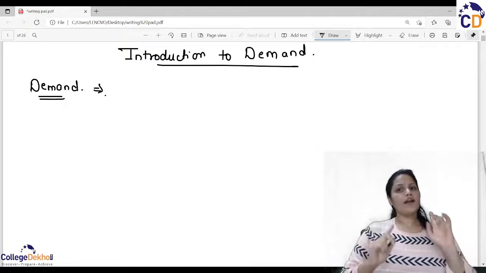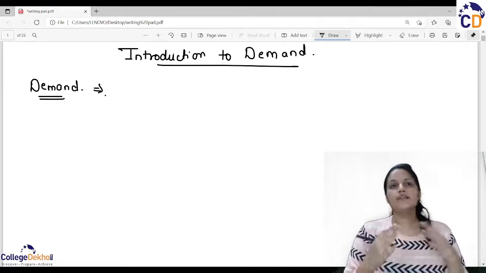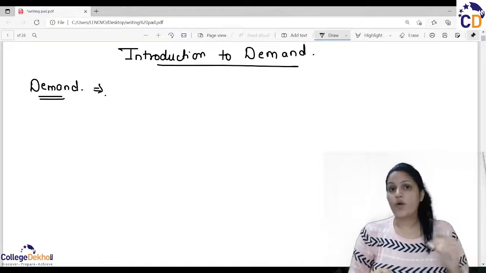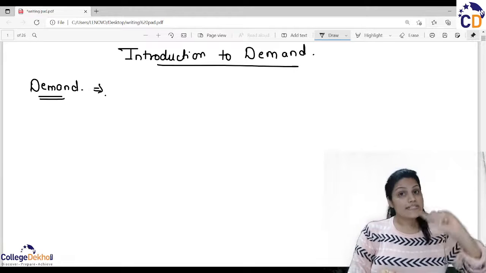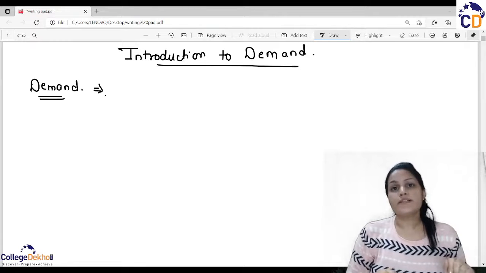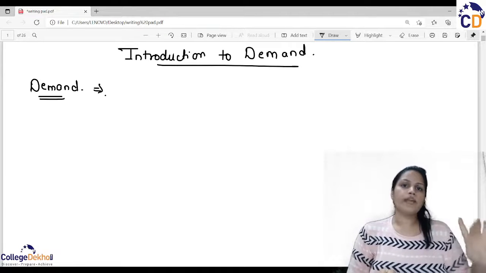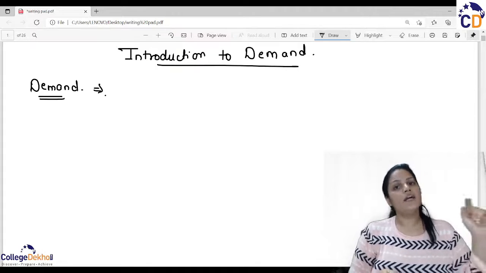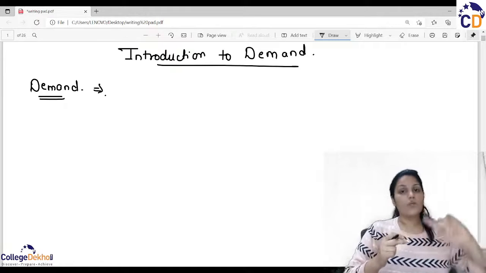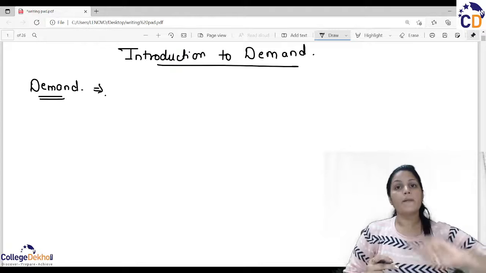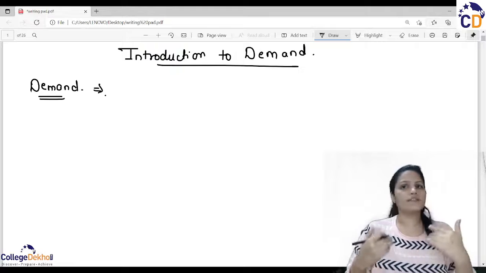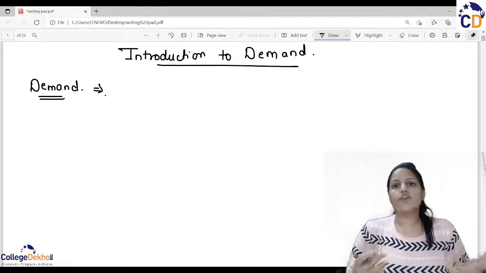When I tell him that I want this, that is my desire, because right now I don't have that thing, but I desire it. Second term: when I tell him, Papa, I want this thing, and he says to me, okay, go and purchase that. When my desire is converted by paying some amount to the supplier, who is giving that item, obviously that thing is not free of cost.